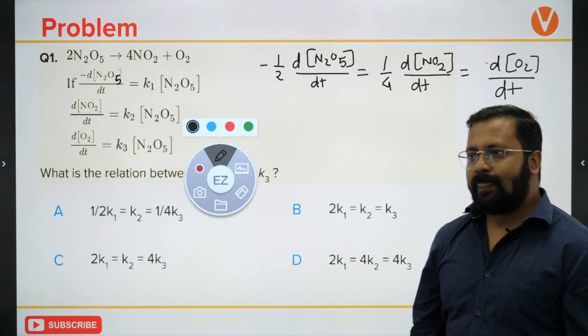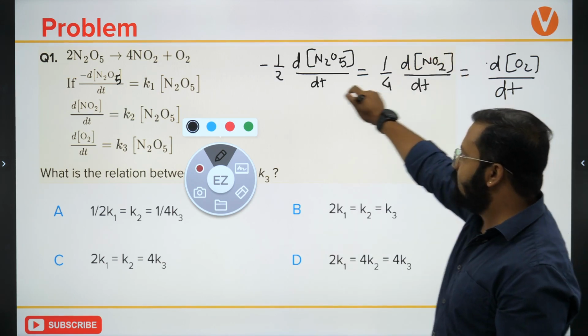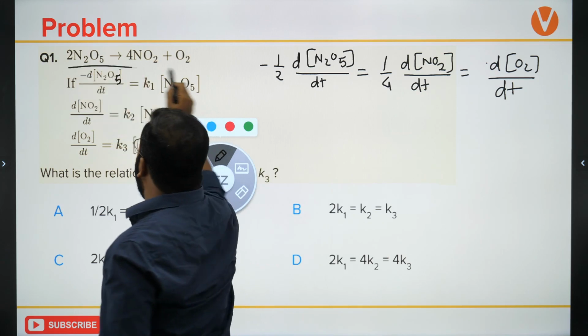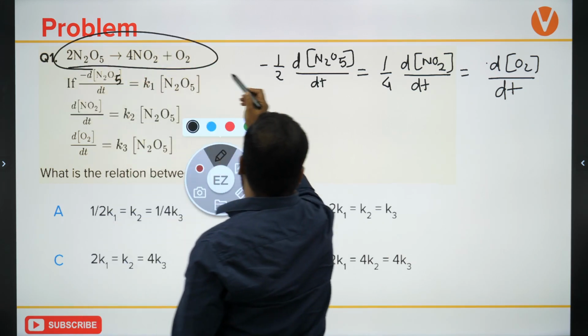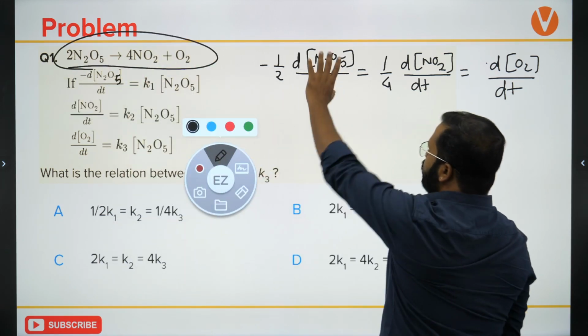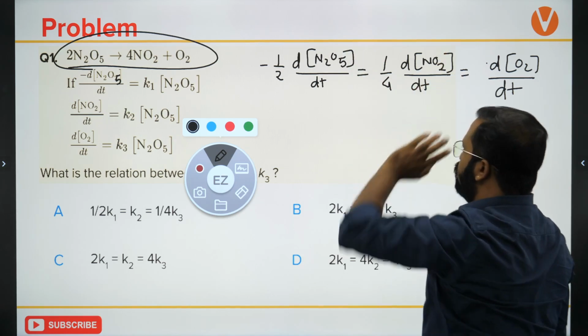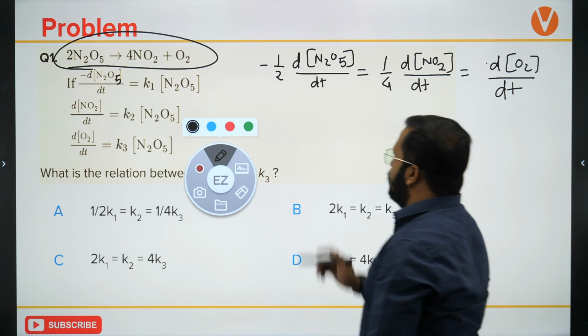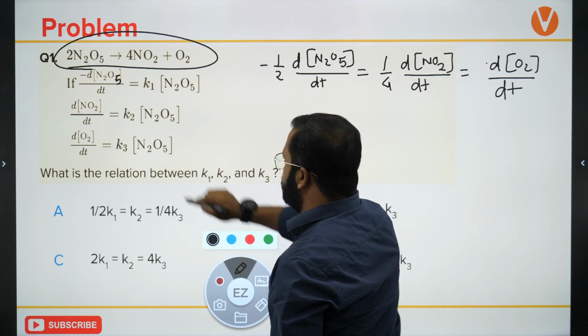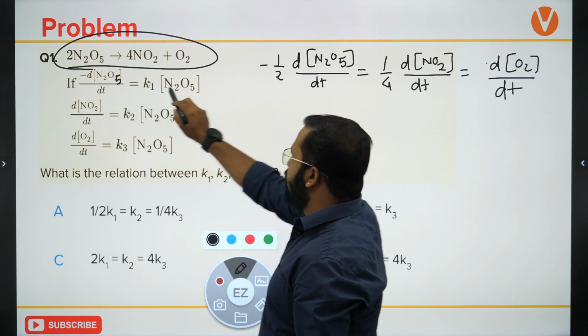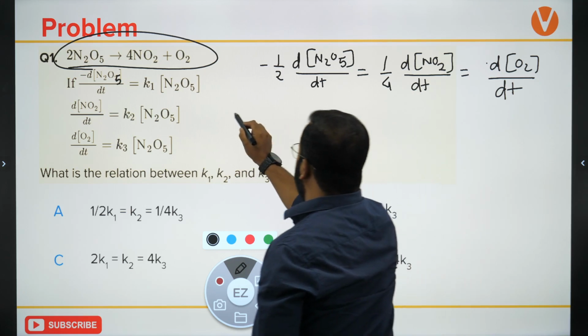This can be written. This can be very easily written. For this reaction, I can write this relation with the rate of decomposition of N2O5 and rate of formation of NO2. Yes? Now, it is already given in the question that minus dN2O5 by dt is K1 N2O5.